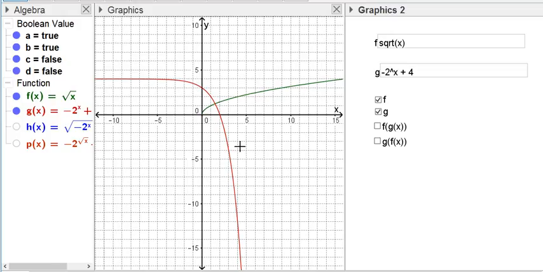Again, this is the exponential function, but it's got a reflection in the x-axis, and it's been shifted up 4. So what is the domain of the composition of those two functions?